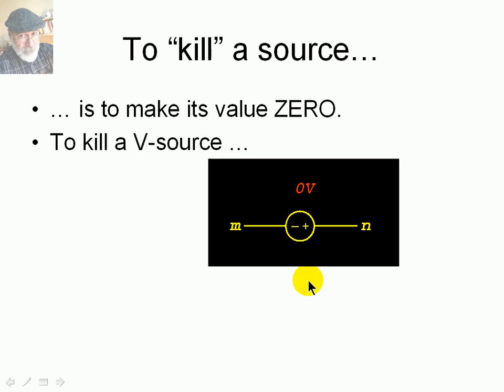Now this source is guaranteeing that no matter what, there will be 0 volts of difference between node M and node N. Isn't there a cheaper and simpler device that guarantees the same thing? Sure is. A cable, a wire, an ideal conductor between M and N will do exactly the same job. So we say, to kill a voltage source, replace that voltage source with a wire.